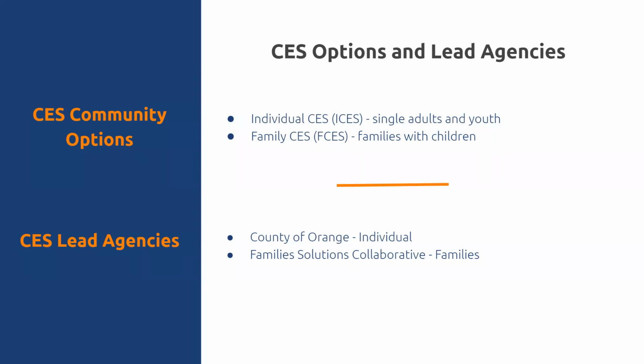There are two types of CES support for the community: individual CES, or ICES for single people and youth, and family CES, also called FCES for families. ICES and FCES are supported by two different lead agencies: the County of Orange for ICES and the Family Solutions Collaborative for FCES.